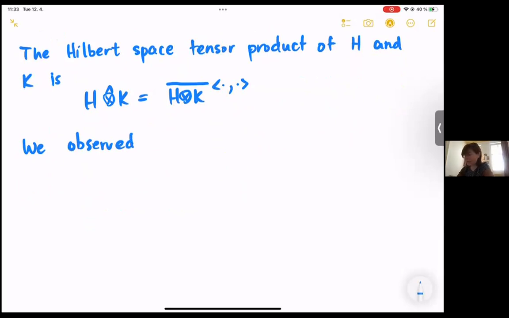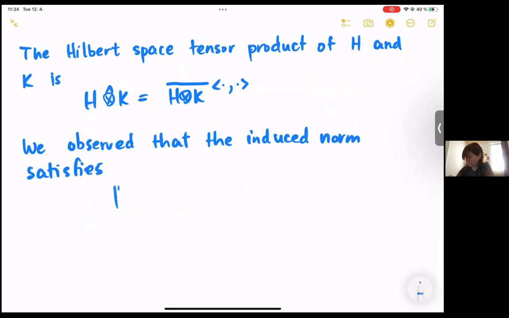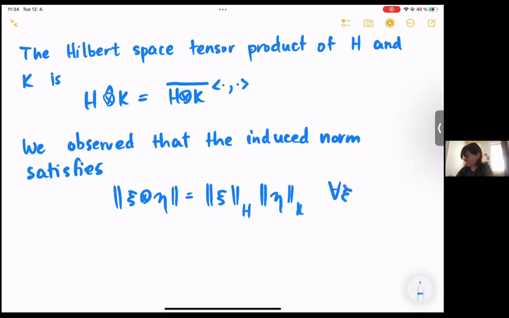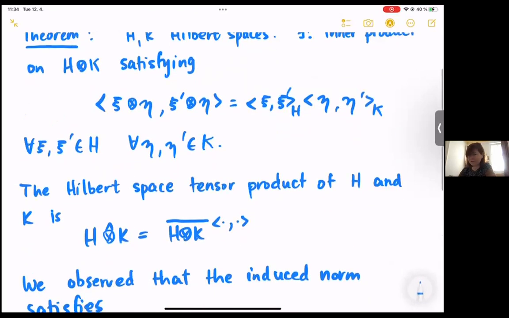So it's just going to be multiplying the norms of the two tensor vectors. And that is an easy consequence of the definition of the tensor product, of course.